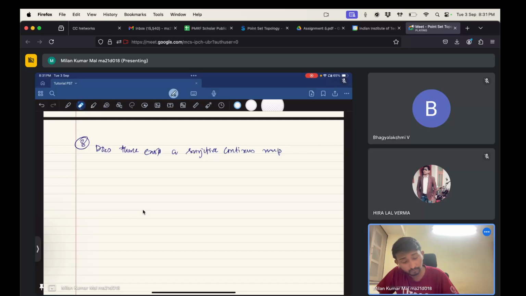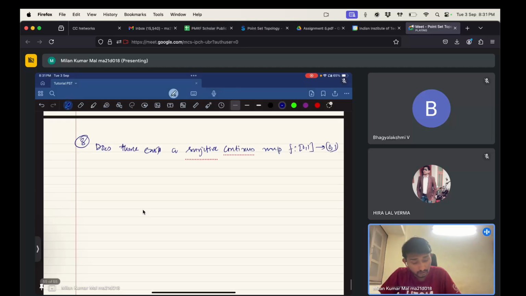That is what the question is. Does there exist a surjective continuous function from the closed interval? The answer is no, not necessarily. No, this is not true. The answer is no.